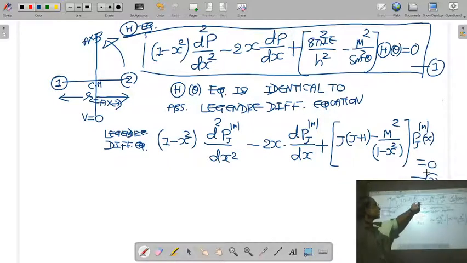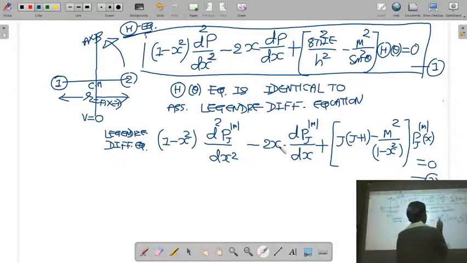So at the top I have written the theta equation of the rigid rotator, and here I have written the standard form of the Legendre differential equation. The standard form is 1 minus x square d square p upon dx square minus 2x dp by dx plus j into j plus 1 minus m square upon 1 minus x square times P_j^m(x) is equal to 0.